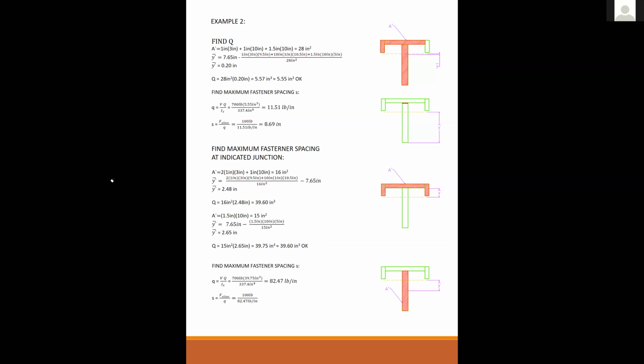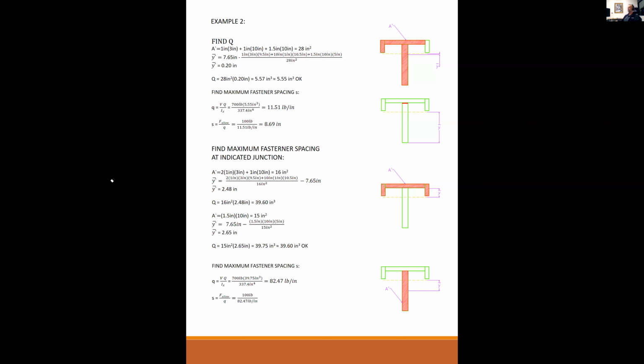Well, I have a question about what we learned just right now. For the S, it's the spacing between the nails, is that right? Yes, it is. So if you're going to draw, let's say, your nail is going to be at the very first into the page and then 8.69 into the page more.